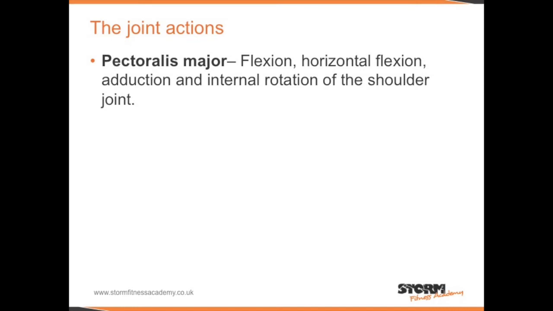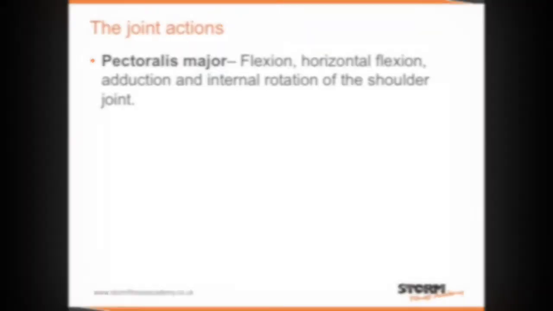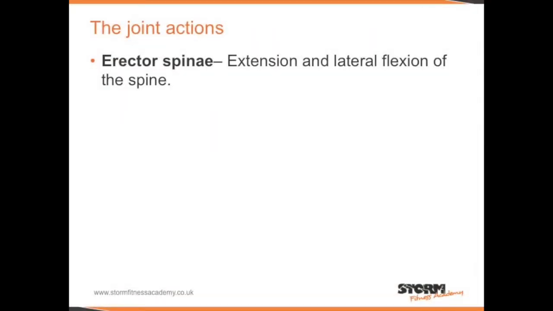The pectoralis major is responsible for flexion, horizontal flexion, adduction and internal rotation of the shoulder joint. The erector spinae is responsible for extension and lateral flexion of the spine.